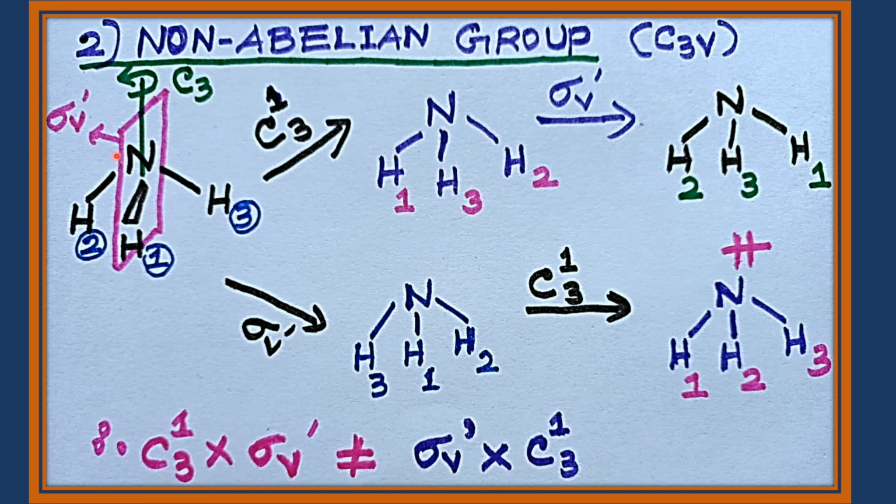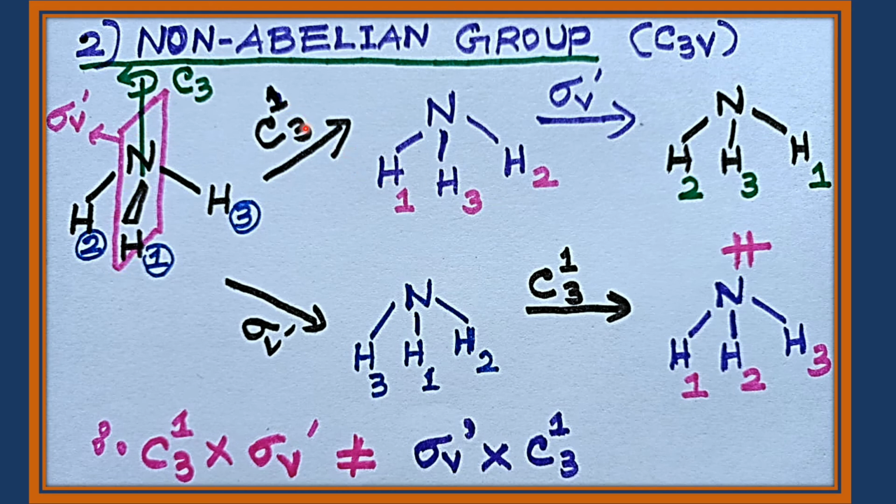Let us show this by taking ammonia molecule as an example. I have shown here these two symmetry elements: C3 passing through nitrogen, since this is a pyramidal molecule, and this is sigma V prime passing through N-H.